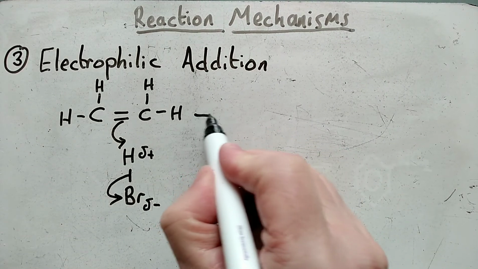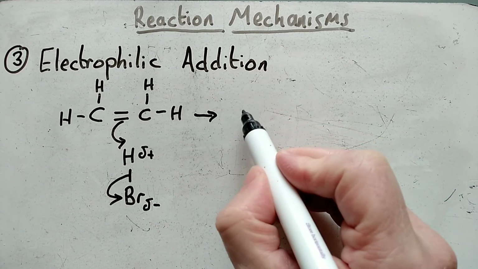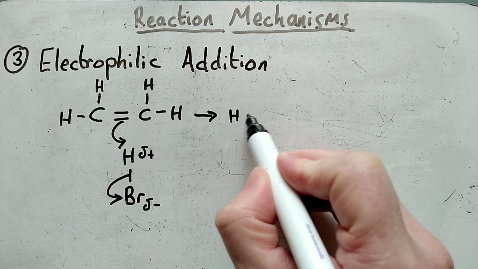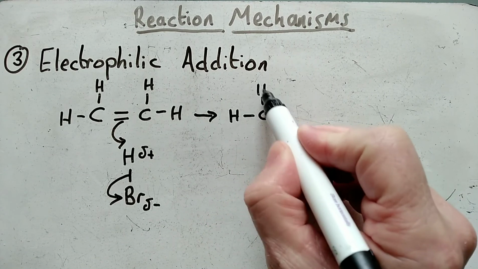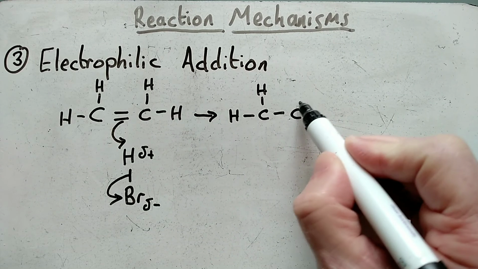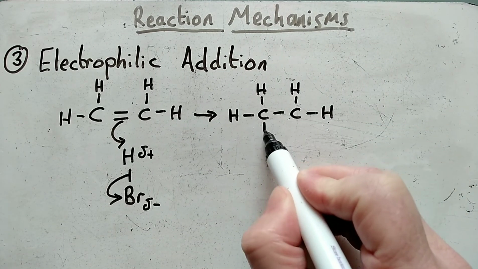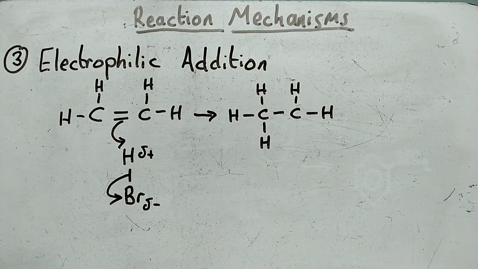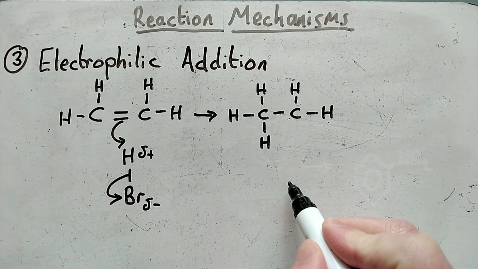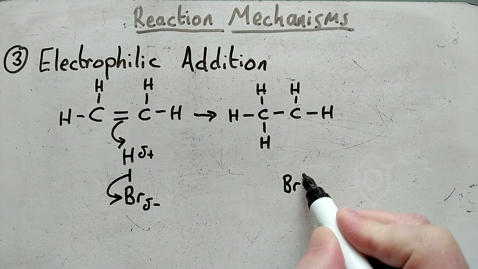So you end up, again, this time we have an intermediate again, and so this time we're going to have something that looks like this. So this carbon is the one that has the hydrogen. We now have this bromine is Br minus.